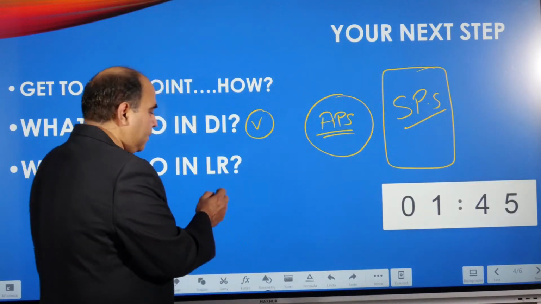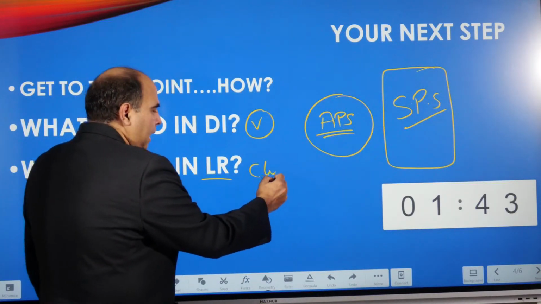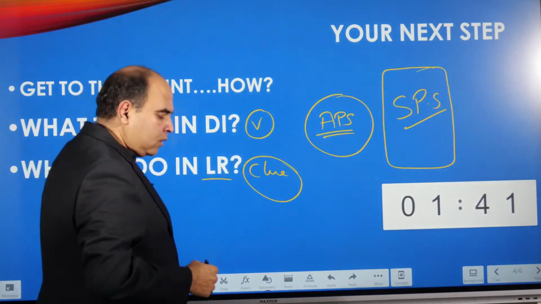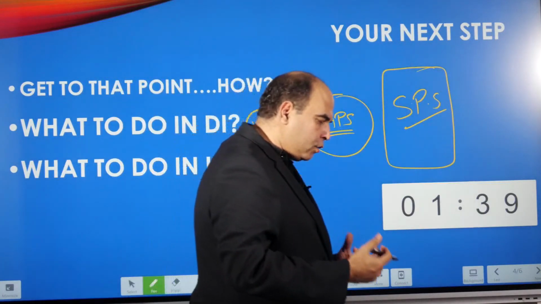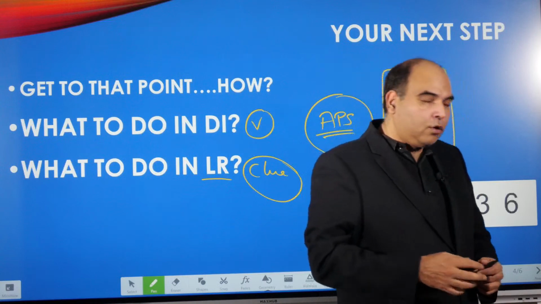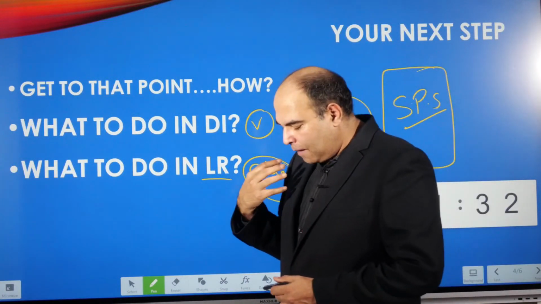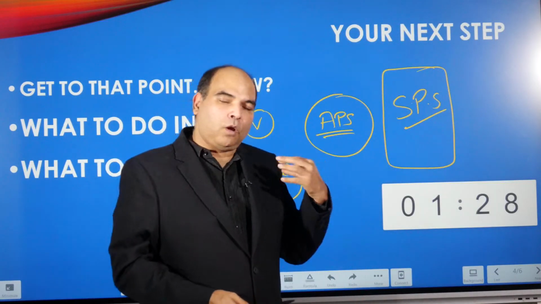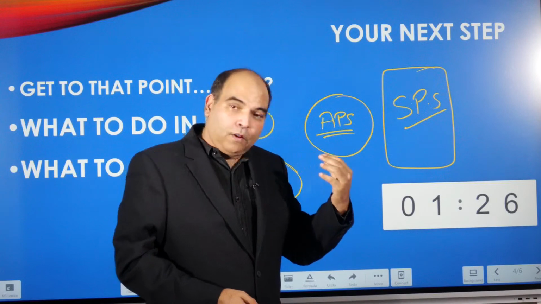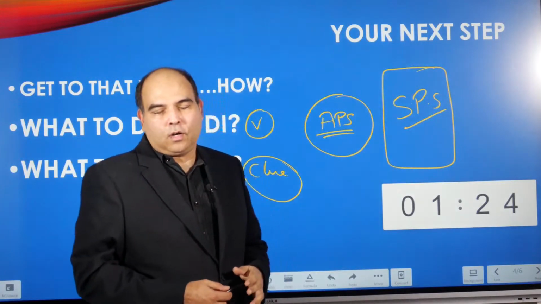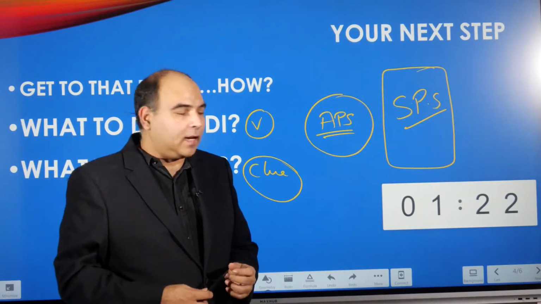While in LR, it's about clue usage and the clarity of the pictures you draw. So if you are not able to use a clue in an LR question, you will not be able to solve that question. So ultimately you have to get through this. Maybe you take a little bit of assisted problem solving. We'll also be coming up with some videos on how to get through tough questions in DI and LR.